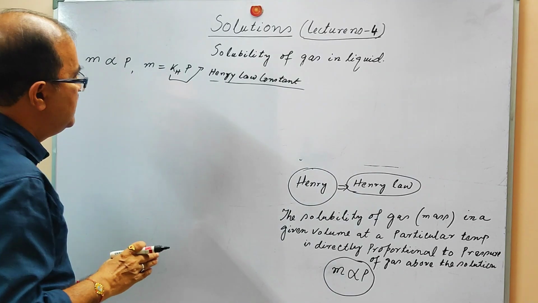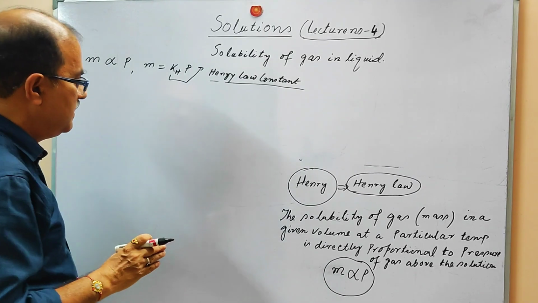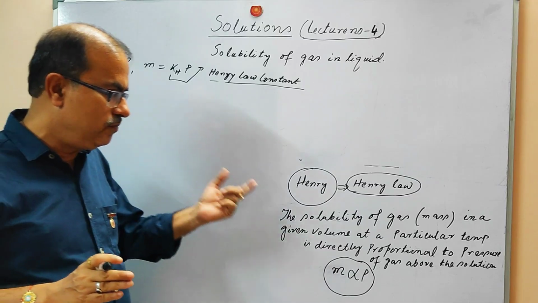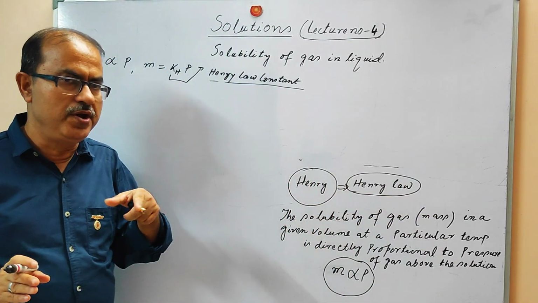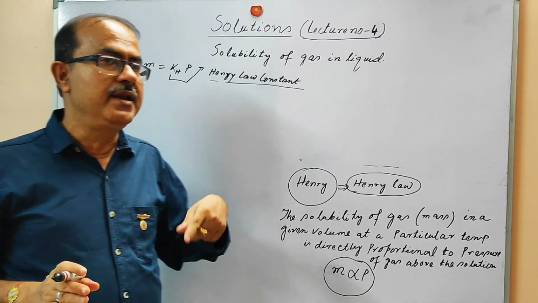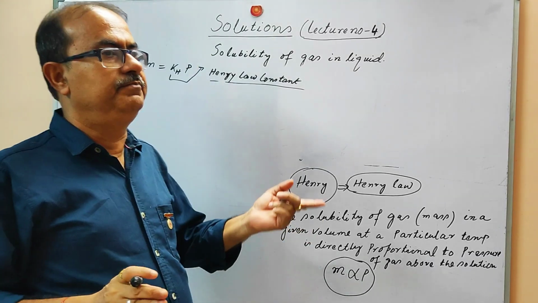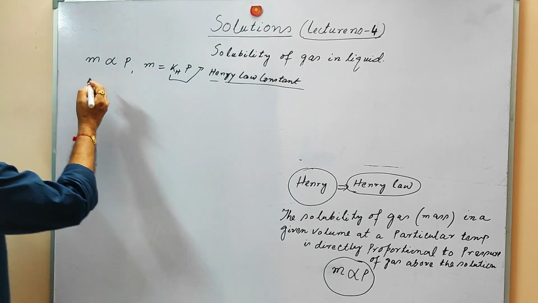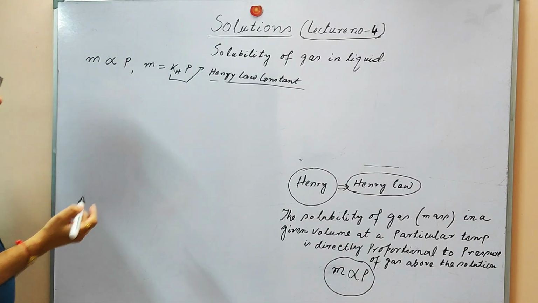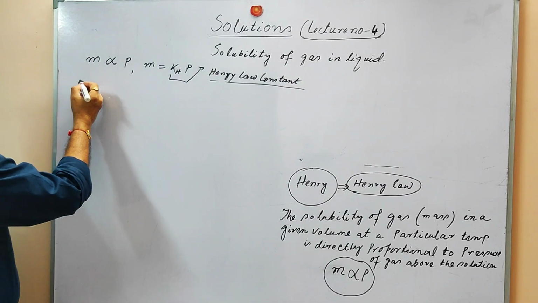Here we were talking about the mass, but when it is a gas, we can describe the solubility of the gas using the mole fraction. So we can write this equation further.